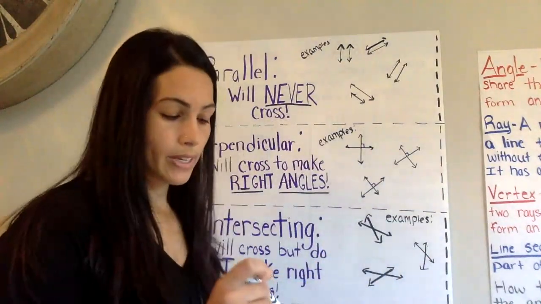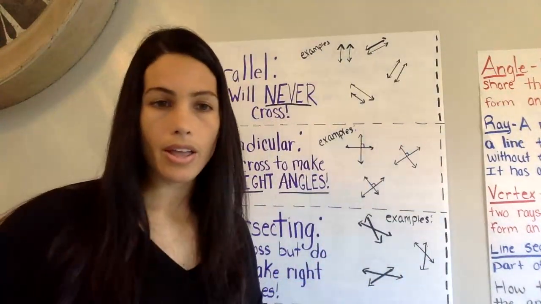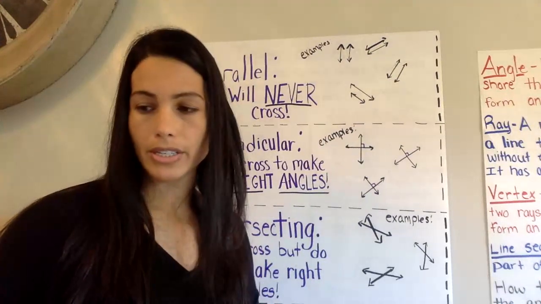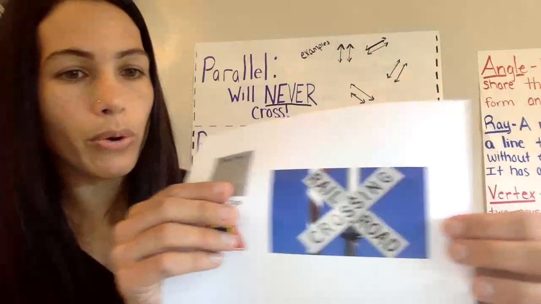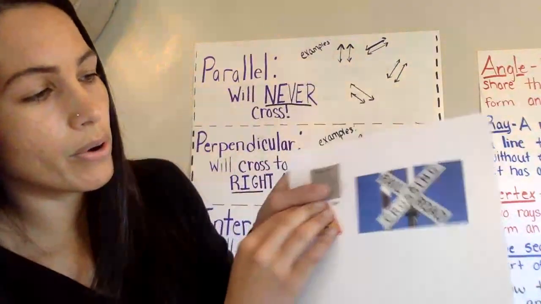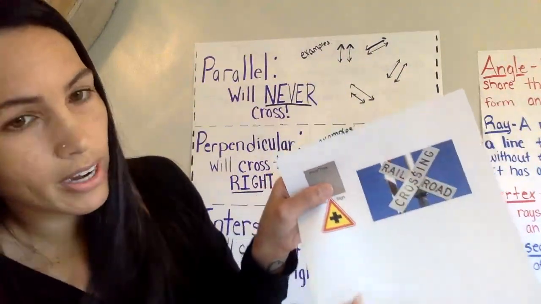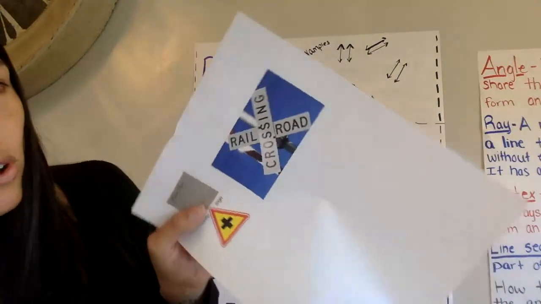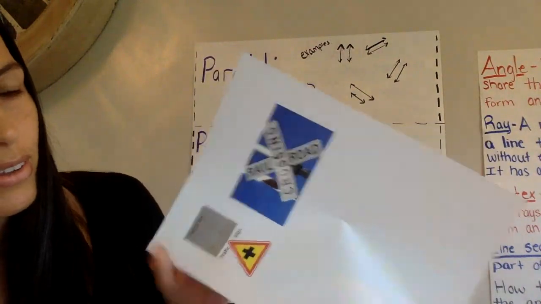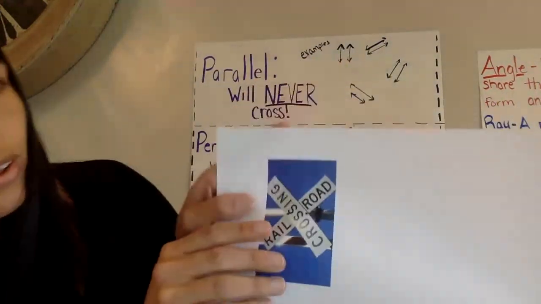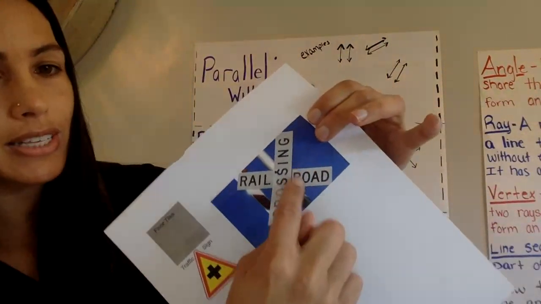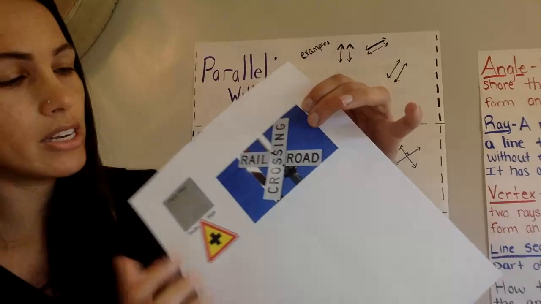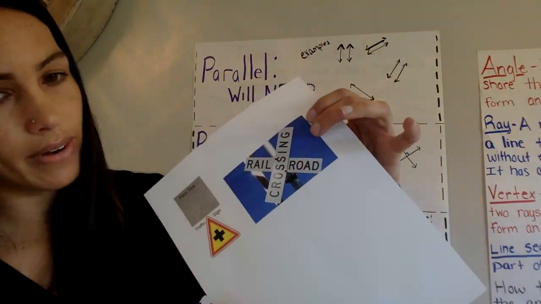You can see perpendicular lines in the railroad in a few different places. So I printed out some pictures. A railroad crossing sign. Notice it's crossing. No matter which way I turn it, you can see it's 90 degrees in each crossing.